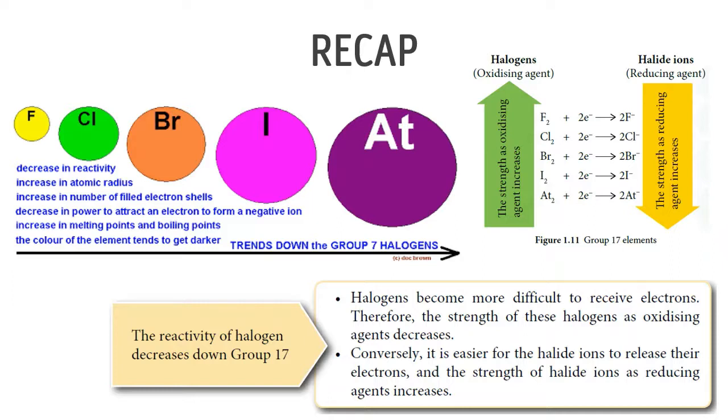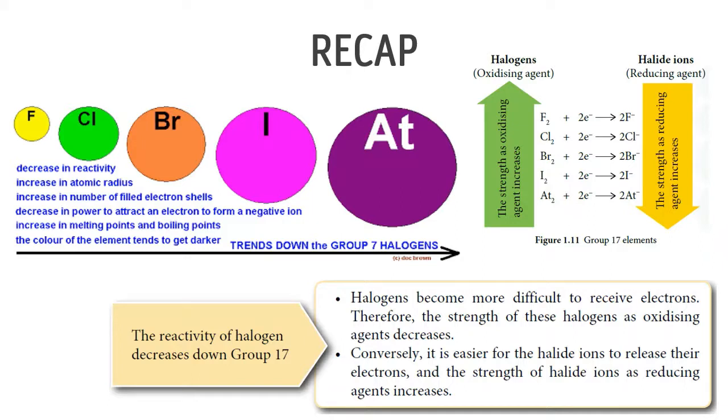It is harder for the bigger atomic size elements to accept electron into the outermost shell. We know that group 17 elements have to attract electron into the outermost shell in order to achieve the stable octet electron arrangement. That is why halogen becomes more difficult to receive electrons when going down the group.